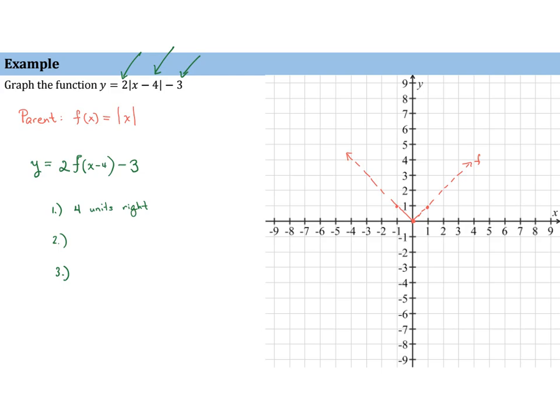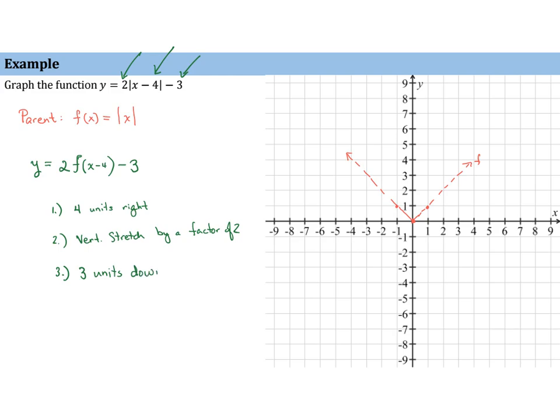And then we multiply by 2 after the parent function, and so that will yield for us a vertical stretch by a factor of 2. And then we subtract 3, and that's going to move us down vertically. So 3 units down.